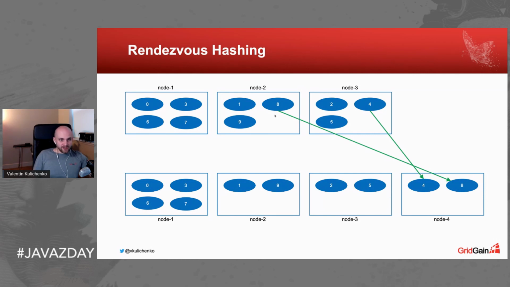And all other partitions stay put. They do not move. And therefore, we avoid this data reshuffling and satisfy the minimal disruption requirement, by the way, meaning that we don't disrupt the system with unnecessary data movement during rebalancing.